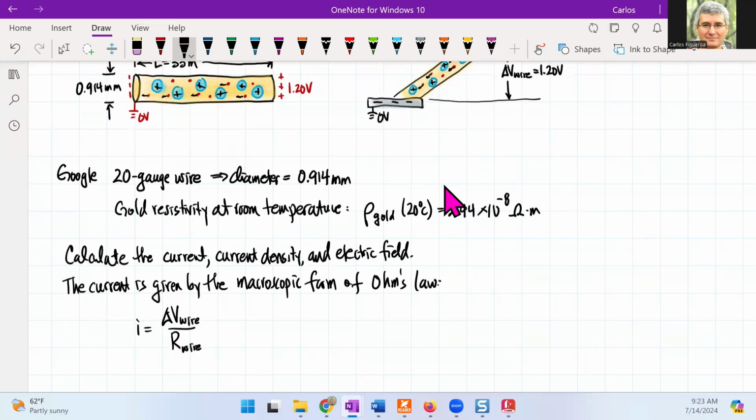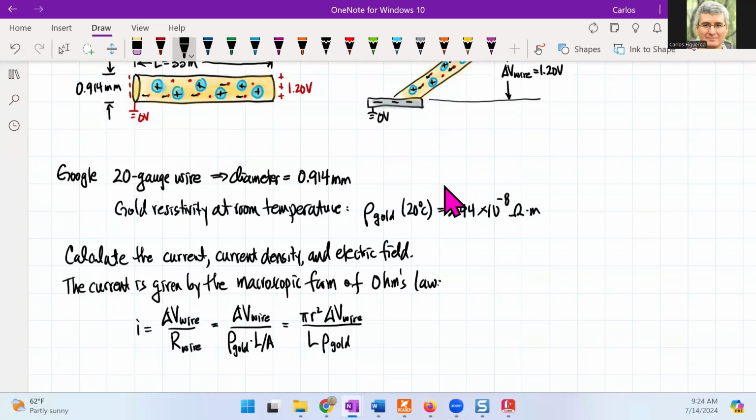But we know how to write down the resistance of a wire because that has to be the resistivity of gold times its length divided by the area, and we already know what the voltage is across the wire. So if I clean this up, because it's a wire, we know that it has an area of pi r squared, the voltage of the wire divided by these two numbers that we've already talked about. So it's going to be the length times the resistivity of gold.